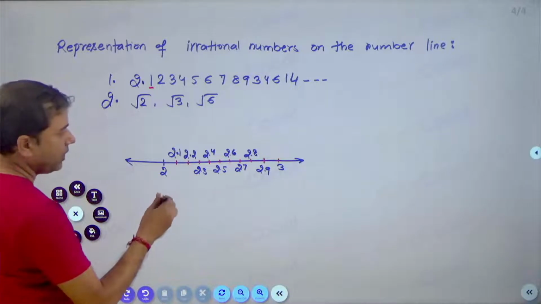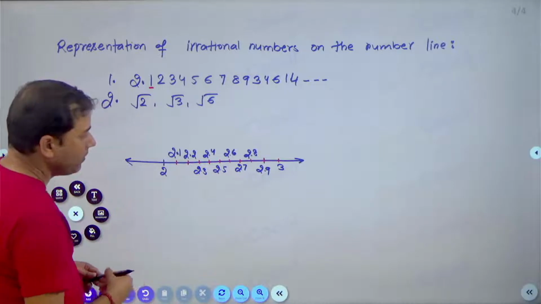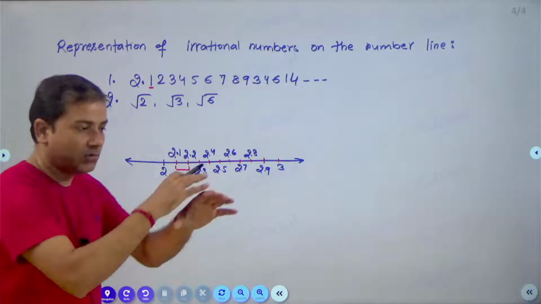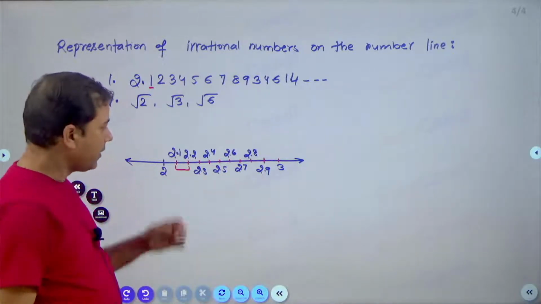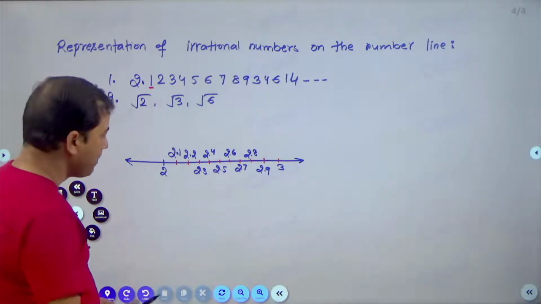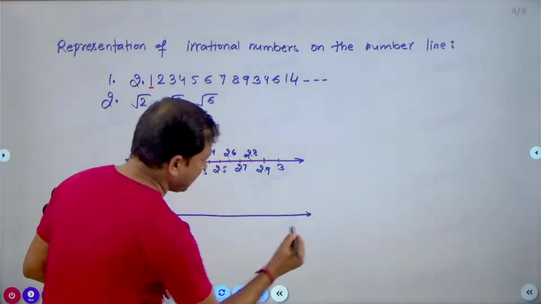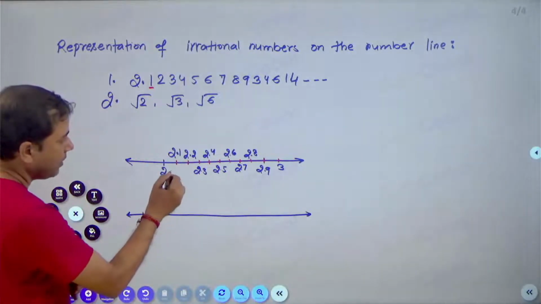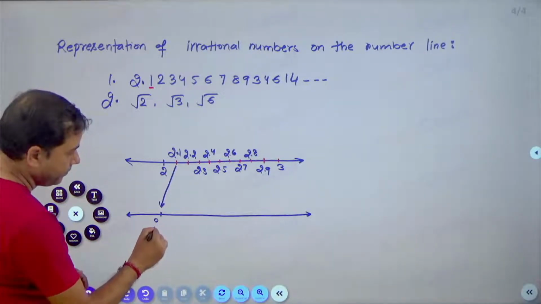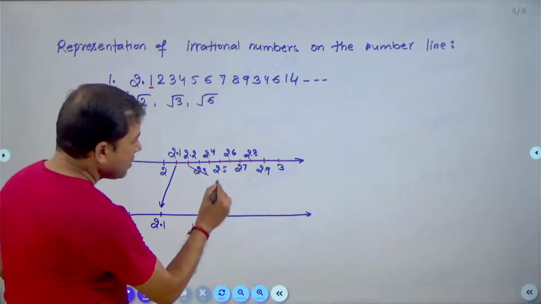So now what we do is, like a magnifying glass, we magnify the distance between 2.1 and 2.2 and then divide it into 10 parts again. How to magnify? For visualization purpose, I will draw another number line and I will visualize 2.1 here and 2.2 somewhere else, like here.